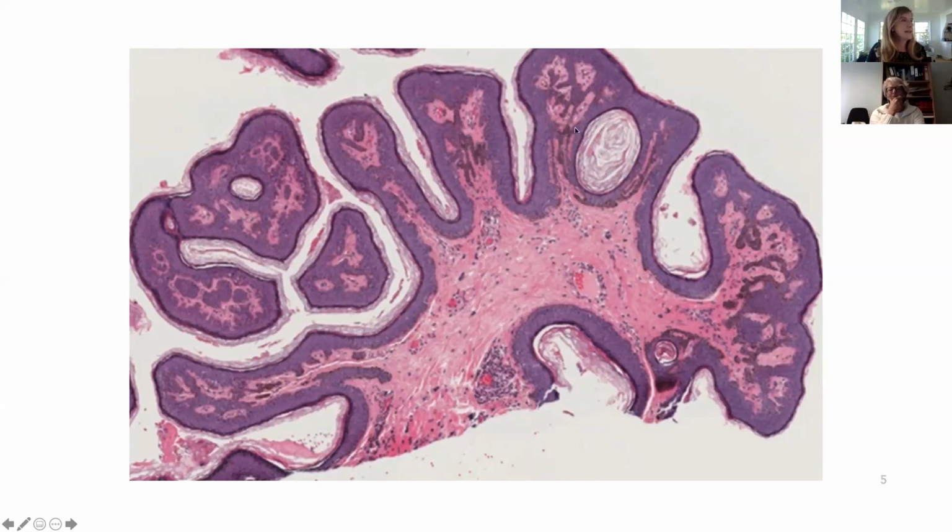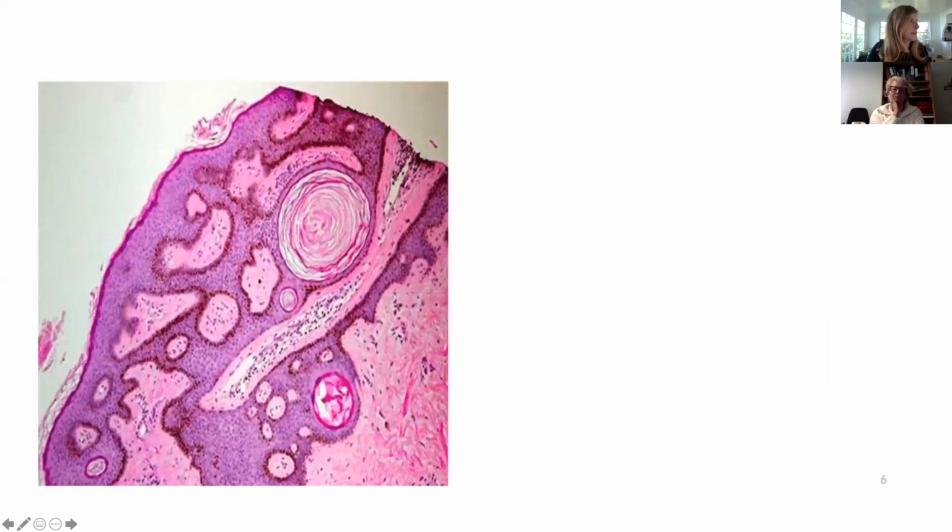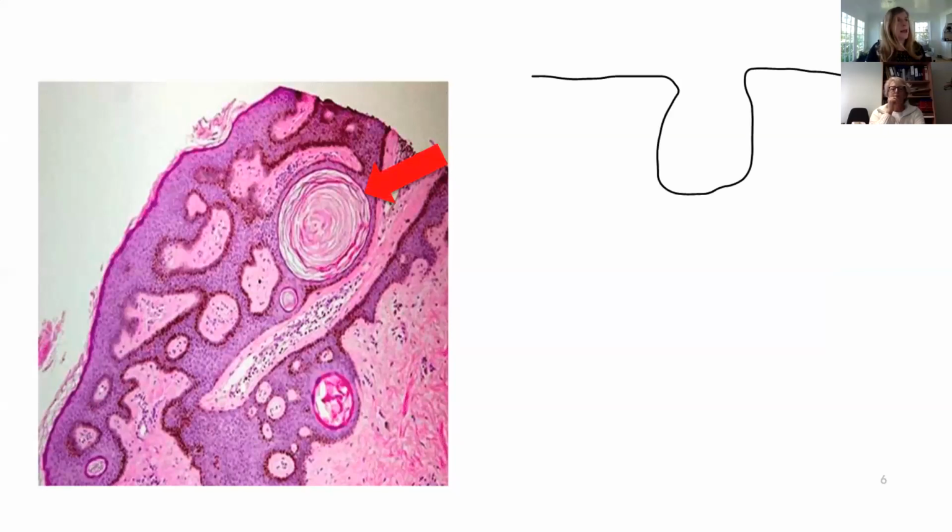The other thing you can see here is a pseudo-horn cyst. Now, pseudo-horn cysts can be a little confusing because they look like cysts, and so you might want to call them a cyst, but it's actually a pseudocyst, and it's a pseudocyst because these have connections with the surface, and so you can see there's like a little bit of keratin in this little divot.